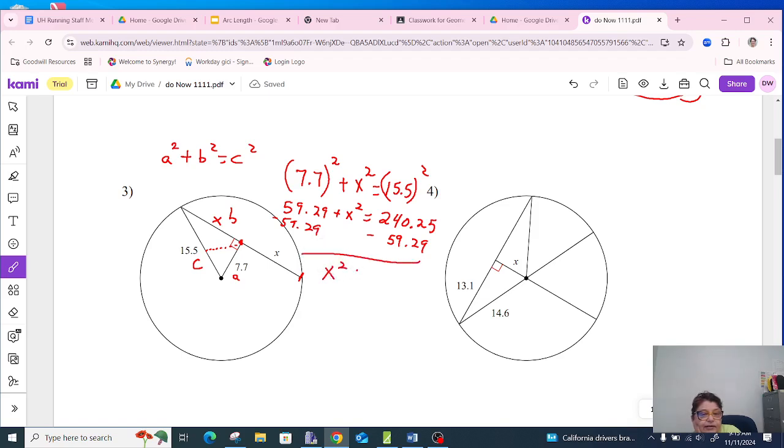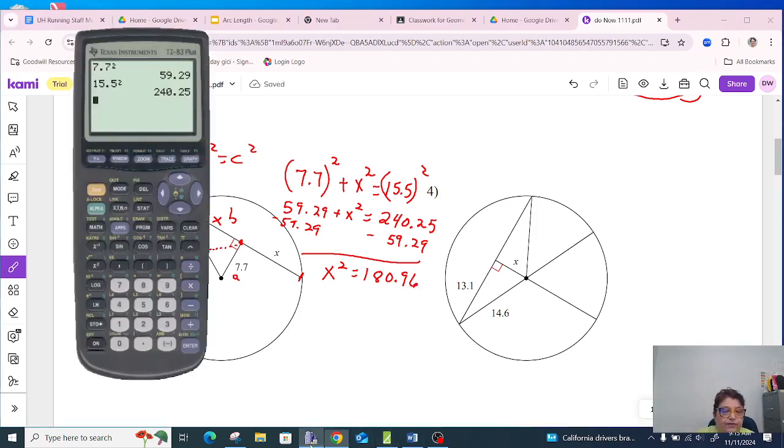So x squared is equal to 180.96. And then you need to take the square root of that. You have to do second square root of 180.96.